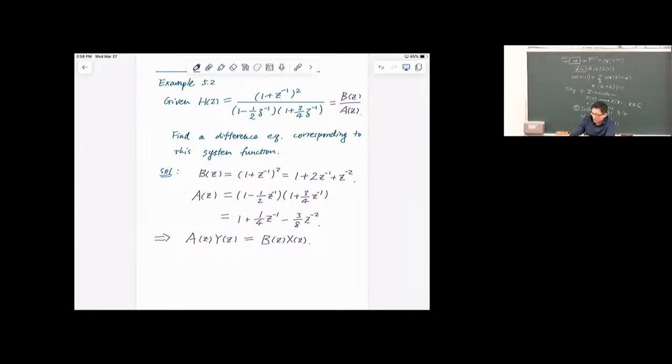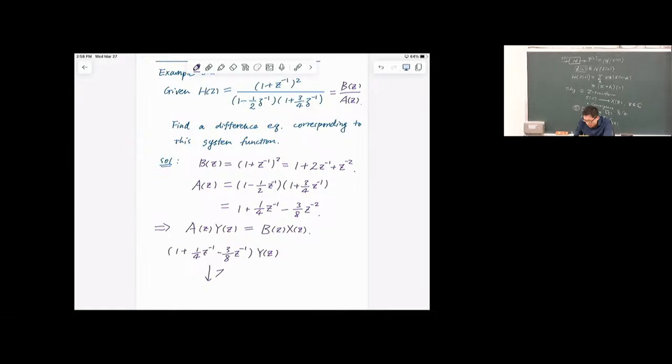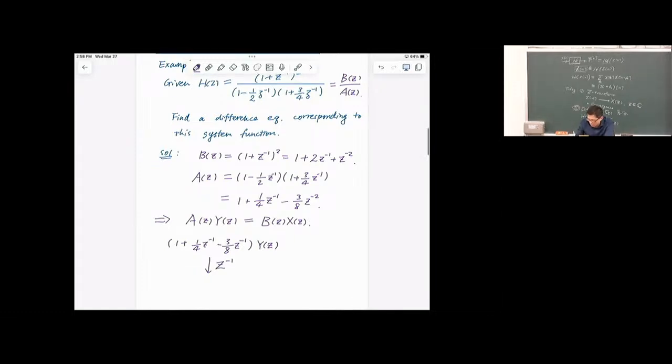So what do we have? Here, A of Z is 1 plus 1/4 Z inverse minus 3/8 Z to the minus 2, times Y of Z. So when we apply the inverse Z transform, what we get here is y of n plus 1/4 of y of n delayed by one sample. That's the trick, delayed by one sample.